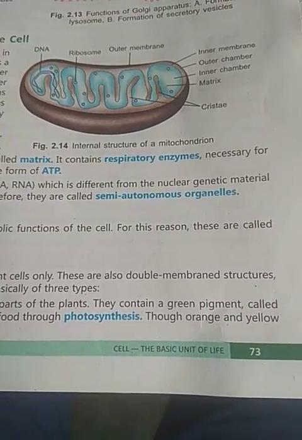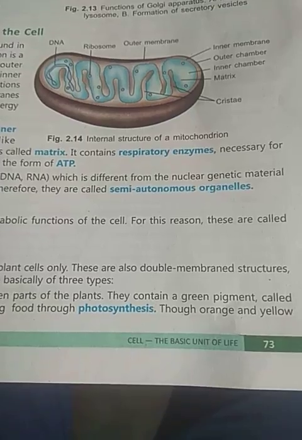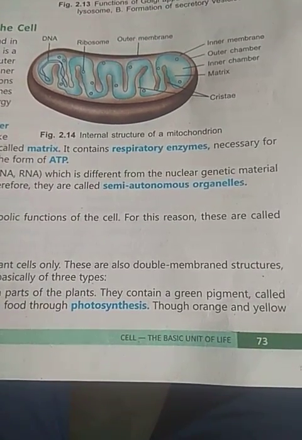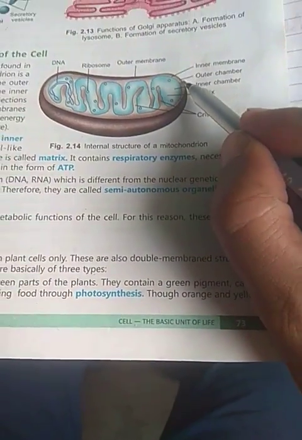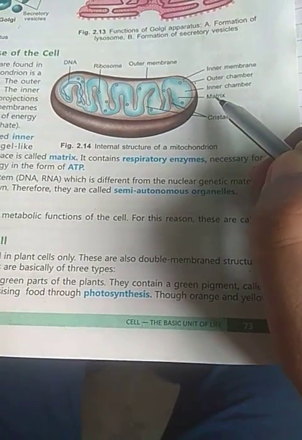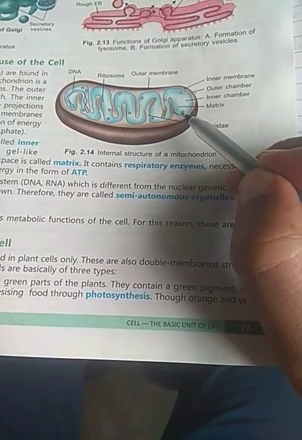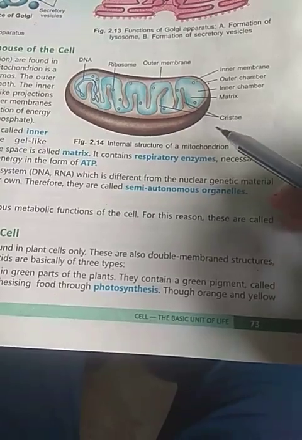In this figure, you will see the two-layer membrane present on the outer side. One is called the outer membrane and the other is called the inner membrane. This part is called the inner chamber, and the material present inside it is called matrix.